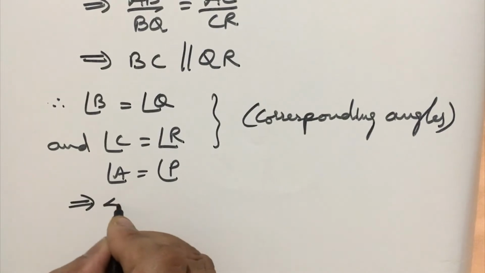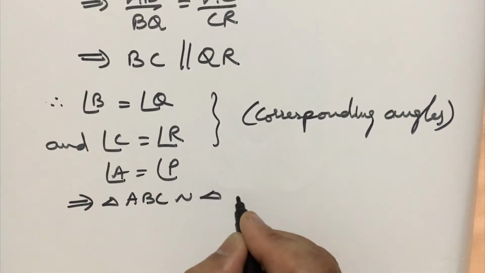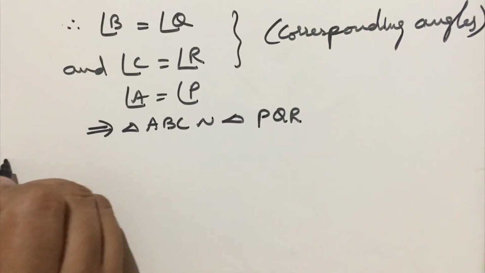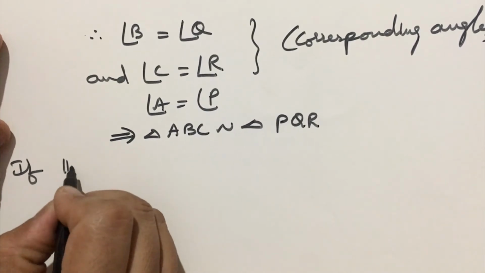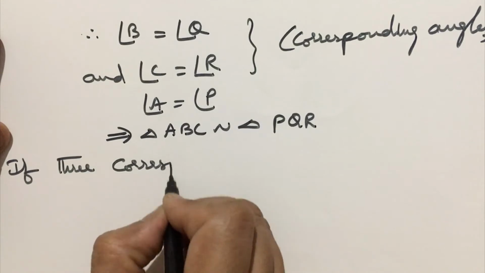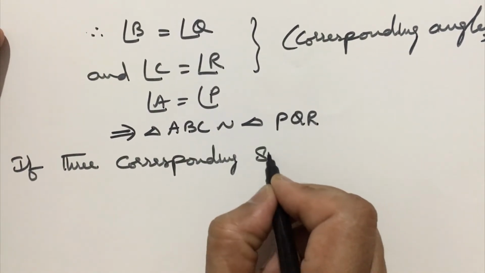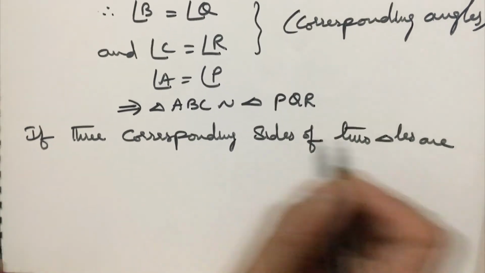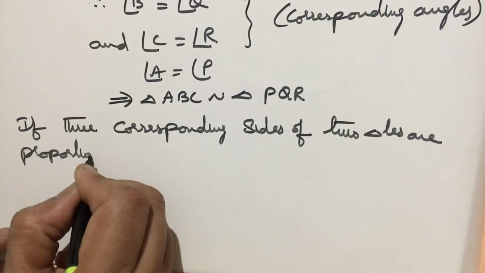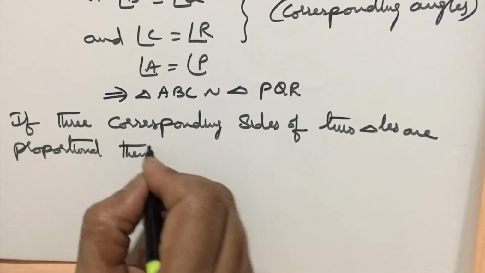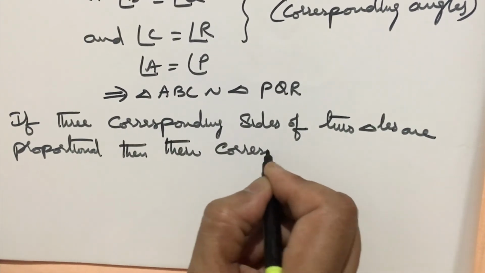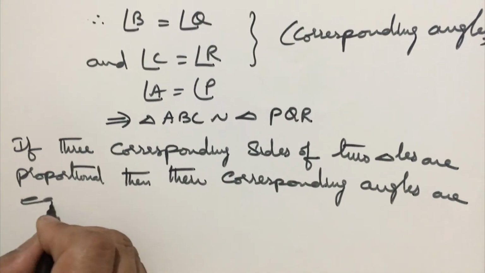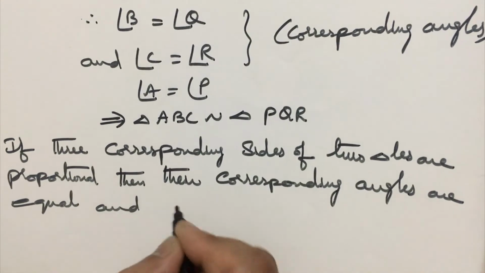Here first of all you write that triangle ABC is similar to triangle PQR, and afterwards come to the conclusion with the statement that if three corresponding sides of two triangles are proportional, then their corresponding angles are equal, and also they are similar.